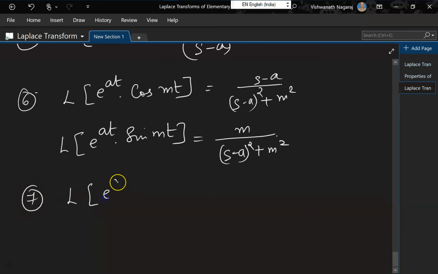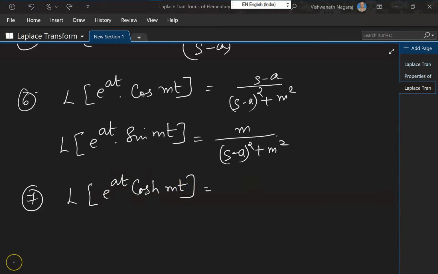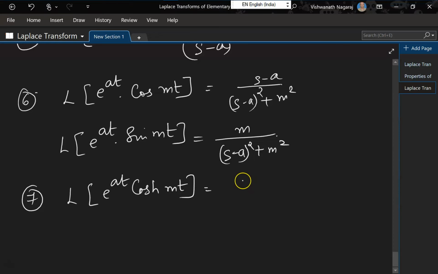Hyperbolic. So e to the power of at cosh mt, just cosh mt is what? It is s by s square minus m square. Instead of plus m square, it is minus m square. So this would become what? s minus a by s minus a square minus m square.